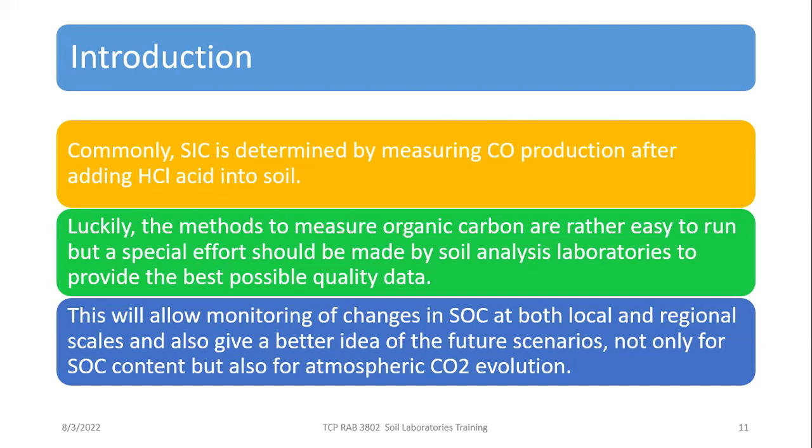The availability and easiness of this methodology will allow us to monitor changes in soil organic carbon at both local and regional scales, and this will give a better idea of future scenarios, not only for soil organic carbon content, but also for atmospheric carbon dioxide evolution.